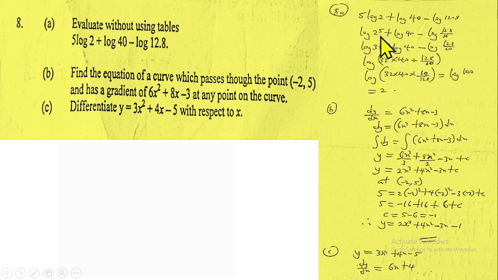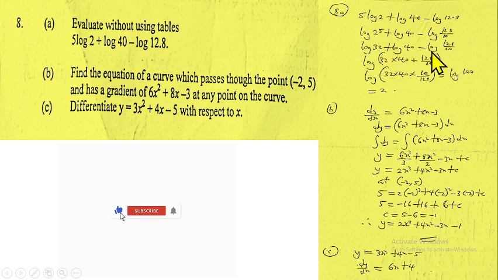So from there now, 2 raised to the power 5 is 32. Then from there, you can now apply the law of logarithm here, since all of them have the same base, which is the default base of a logarithm, base 10. Then plus we change to times and minus we change to division here.